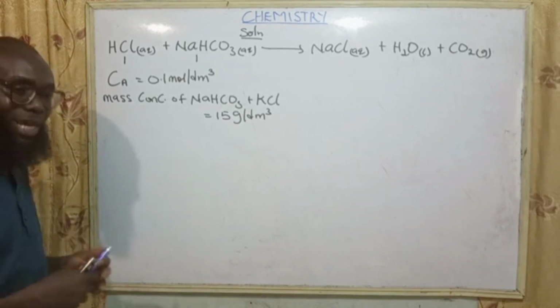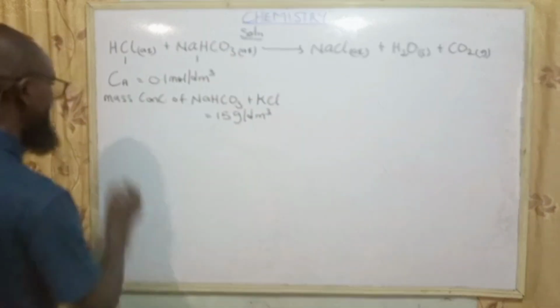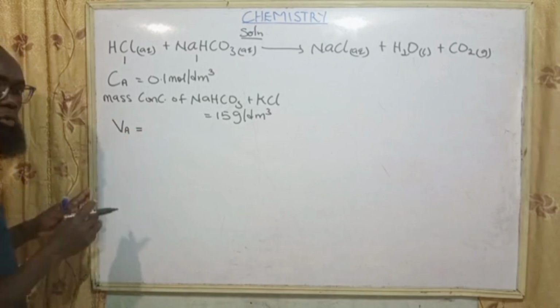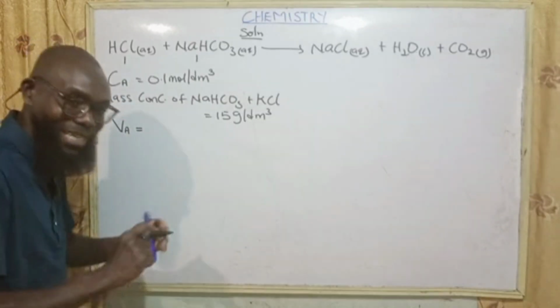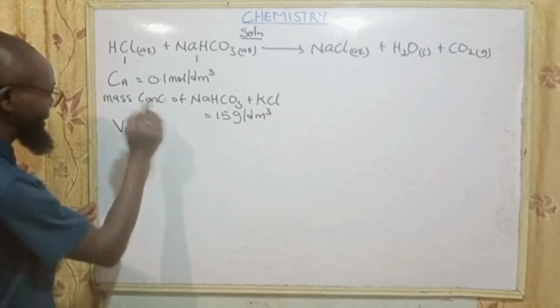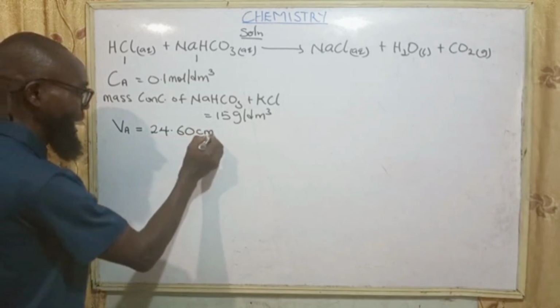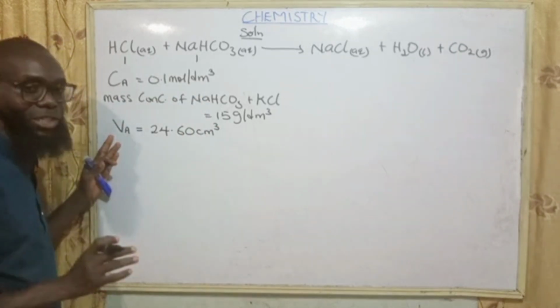Now, the volume of acid that we got from our titration will be written here. So it depends on the one that you get in your school. Let's assume we have 24.60 centimeter cube. That is volume of acid that we got after our titration.